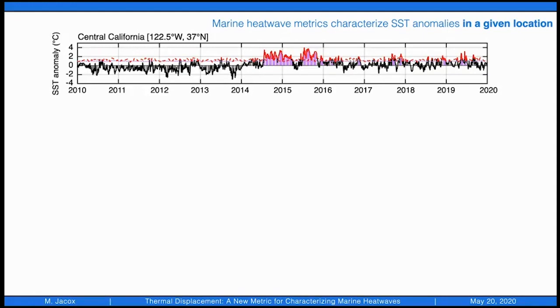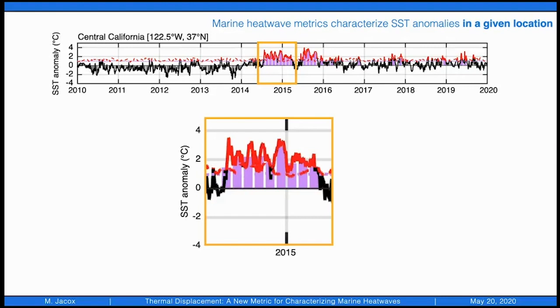But the bigger point here is that above some threshold, which is indicated by the dashed and dotted lines, you define marine heat waves. So where the bars are purple or the lines are red, those are events that have been defined as marine heat waves. And in this case, that's above the 90th percentile of the historical SST anomalies in this location.